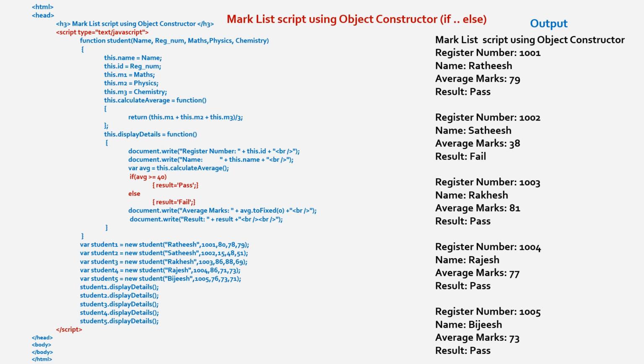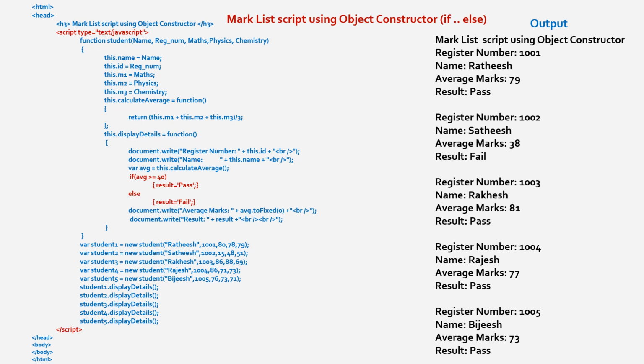For initializing this, an object constructor is used. Let me explain the working of the program. During the execution of the program, different objects are created. This is the first object, student1, initialized with name, register number, and marks of the subjects mathematics, physics, chemistry.